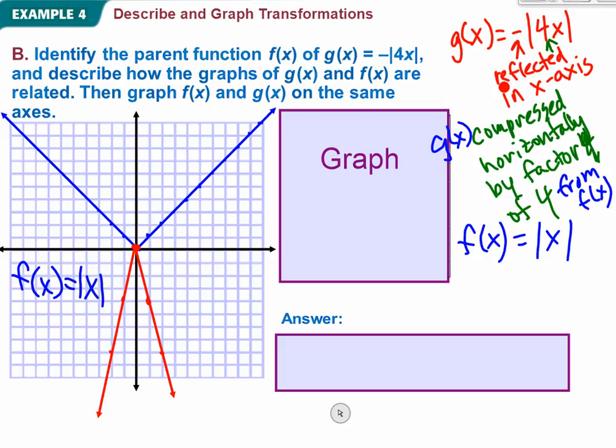There we go. So there is g of x, which is negative absolute value of 4x.